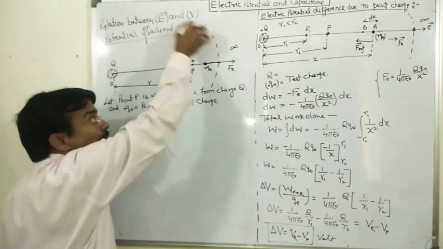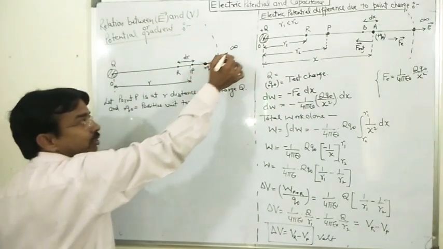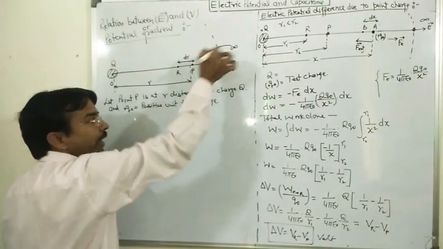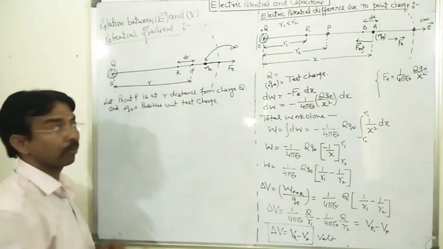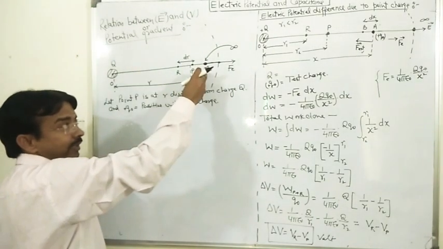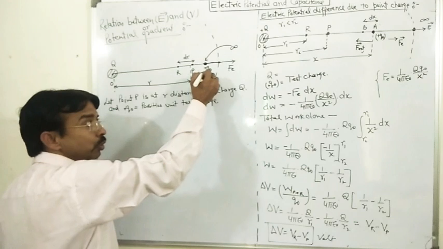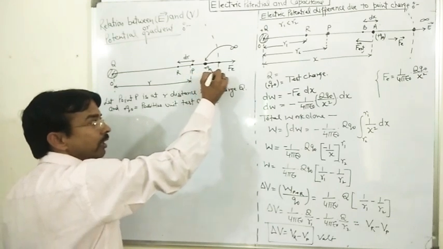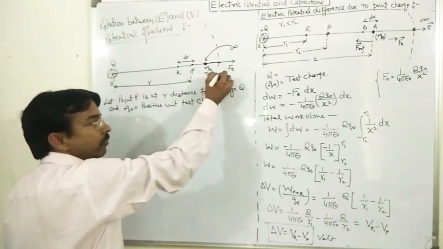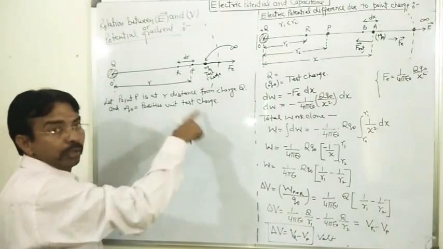In that electrostatic region, a test charge is brought from infinity to any point inside the electrostatic region. It is a unit positive test charge, which is positive and unit always.